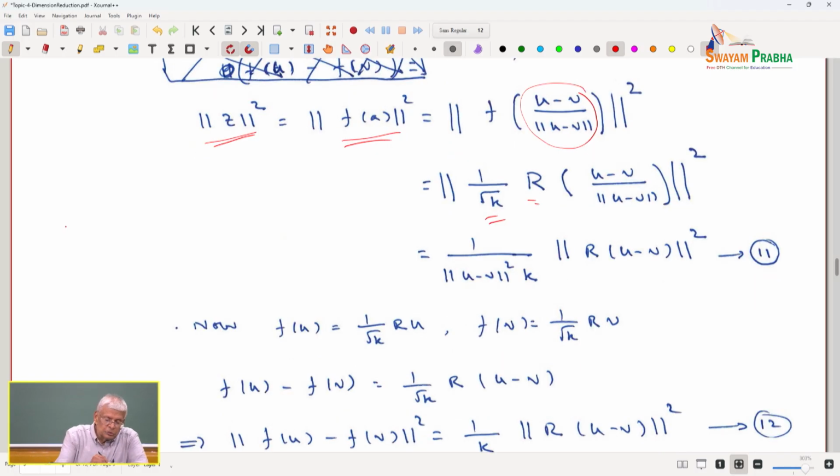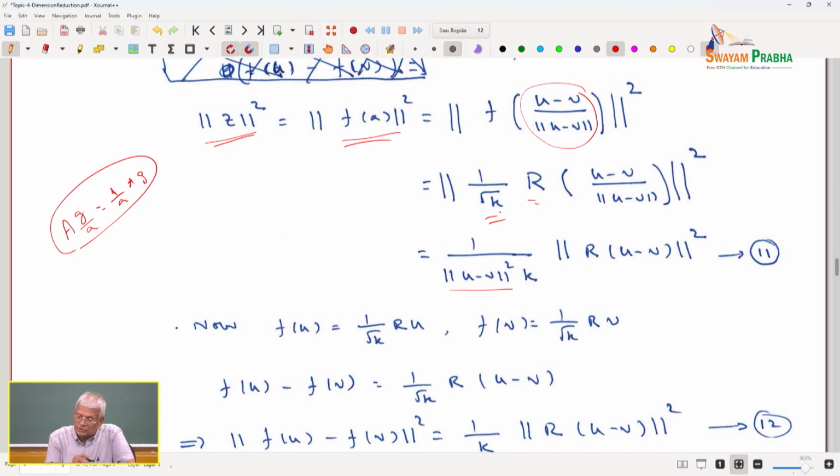Now you should know, if G is a vector and A is a constant, the norm of A times G is the absolute value of A times the norm of G. You should all know that. Therefore, and it is the square of the norm, the norm of U minus V whole square, 1 over k comes out.